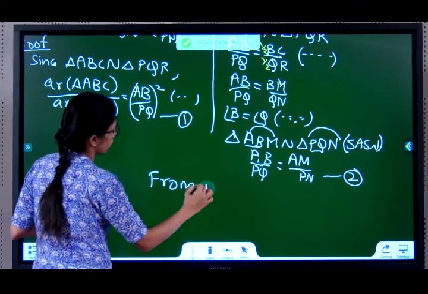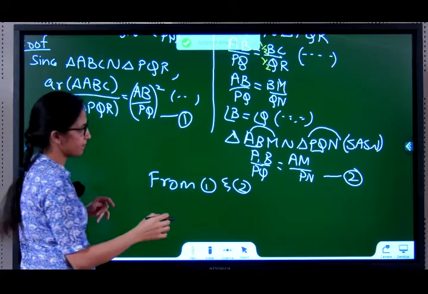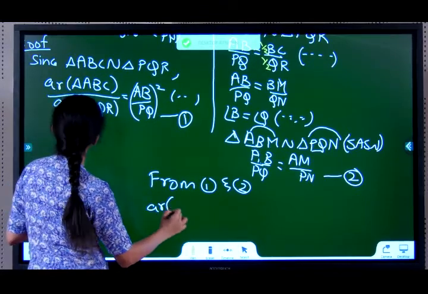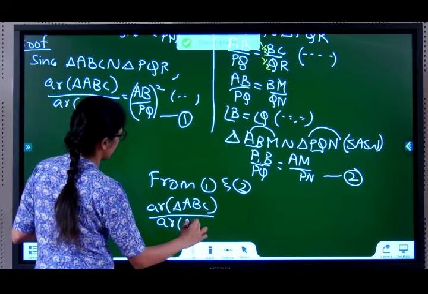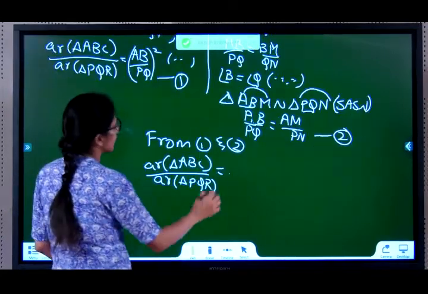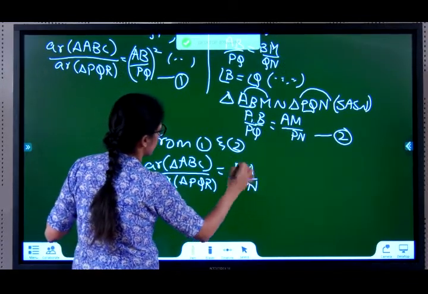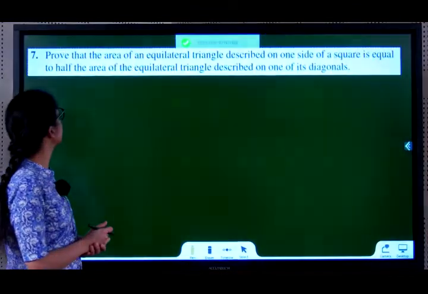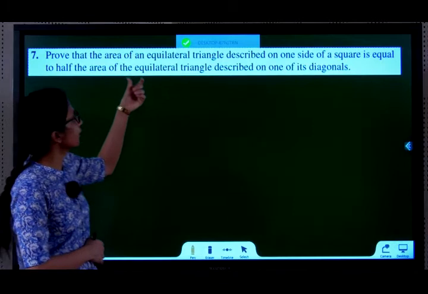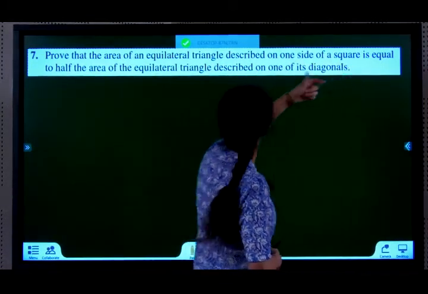From 1 and 2, in the place of AB by PQ, I am going to substitute AM by PN. Area of triangle ABC by area of triangle PQR. So instead of AB by PQ, I am going to put AM by PN, the whole square. Hence proved.